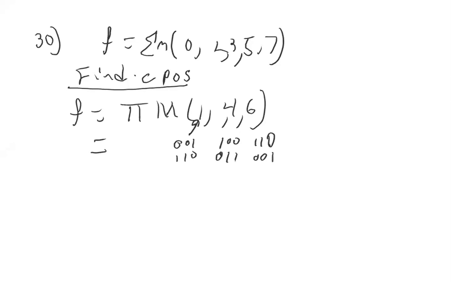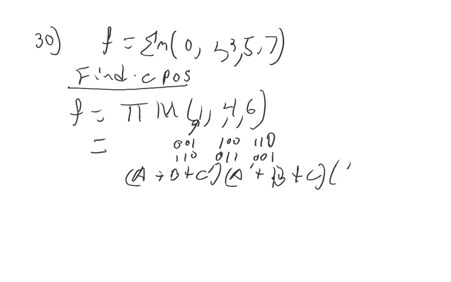And so now we can write A or B or C prime, times A prime or B or C, times A prime or B prime or C.